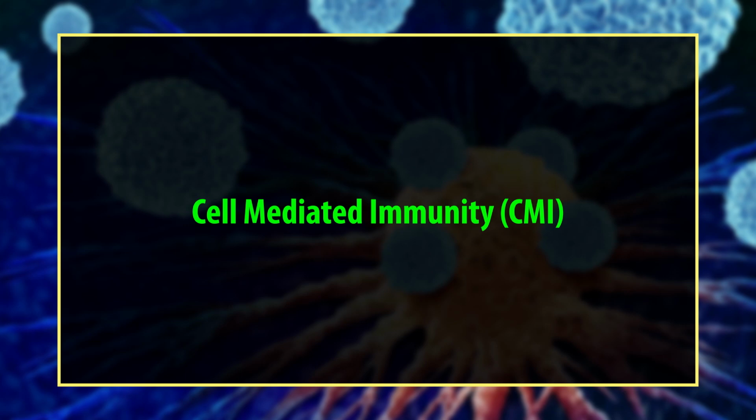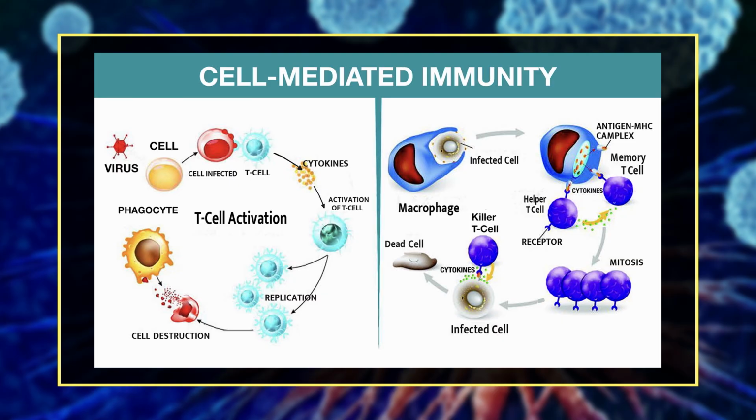Second is the cell-mediated immunity, or the CMI. Cell-mediated immunity is a critical arm of the adaptive immune system that protects against intracellular pathogens, tumors and transplanted tissues.